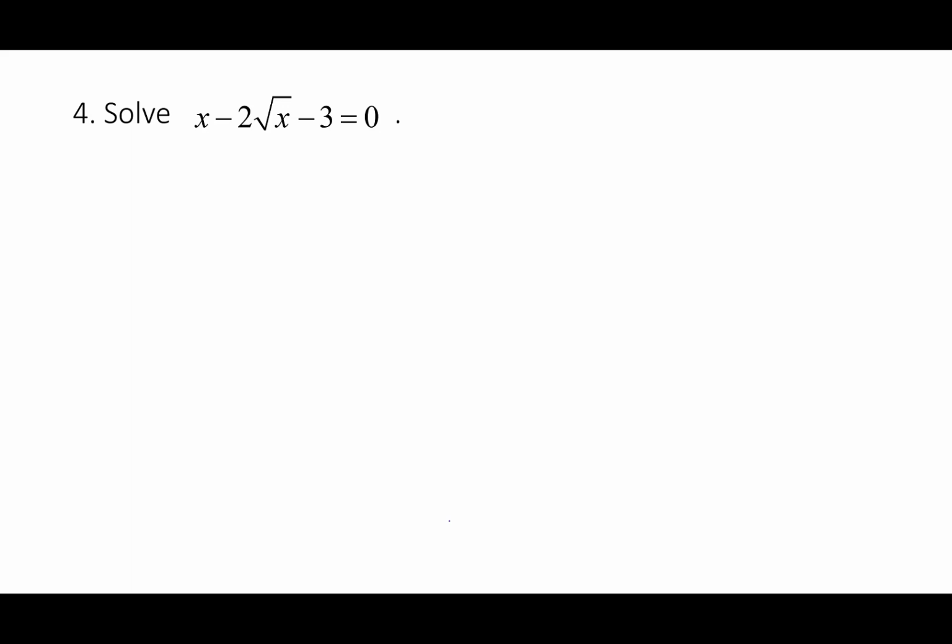We usually try to do a u substitution for equations that are quadratic in form. In this case, if I let u equal the square root of x, what do I get if I take u squared? u squared would be the square root of x squared, which is just x.